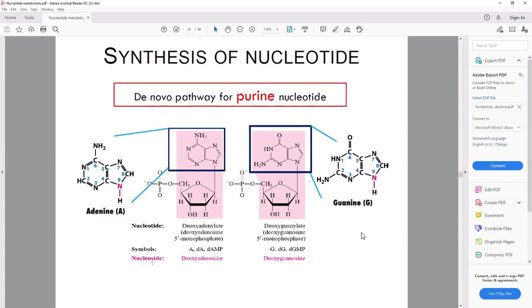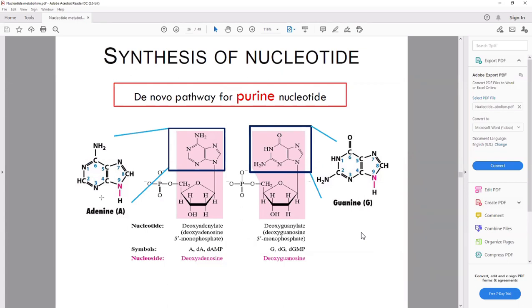So basically the purine nucleotide containing adenine functions as adenosine monophosphate, AMP, and also GMP. We know adenine is a purine, right?